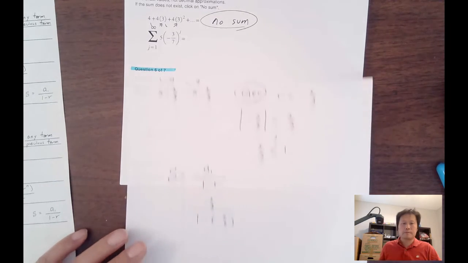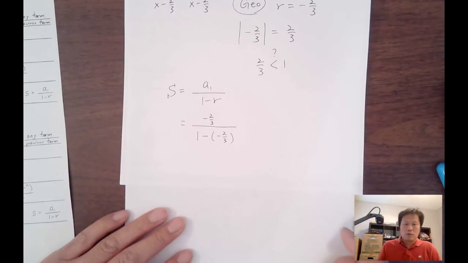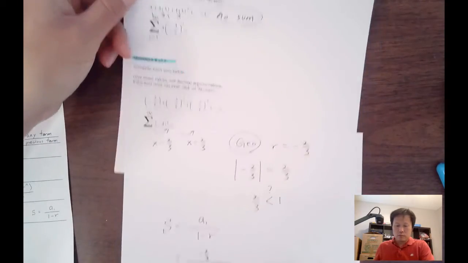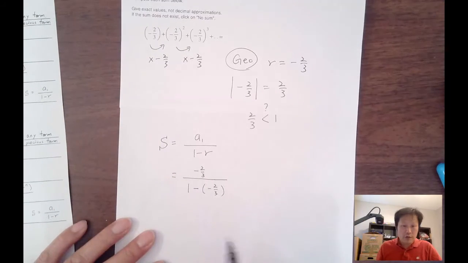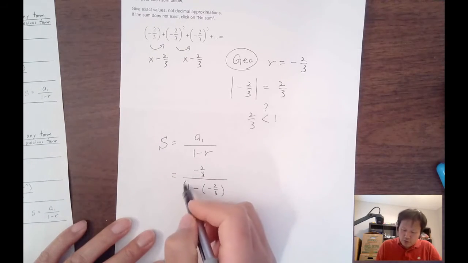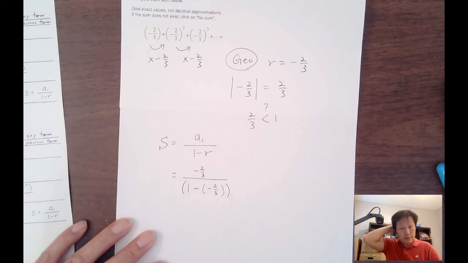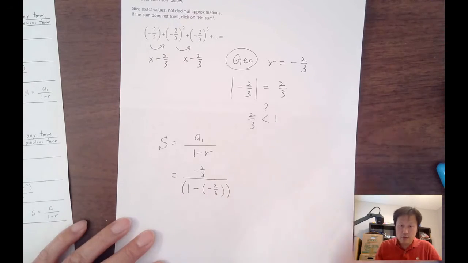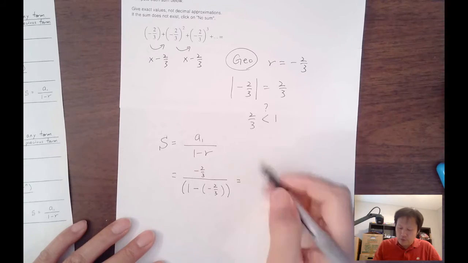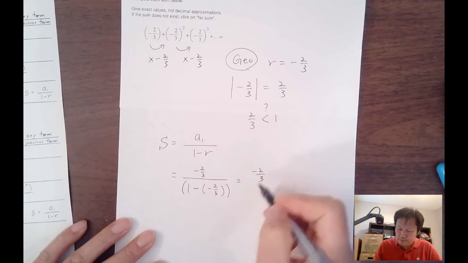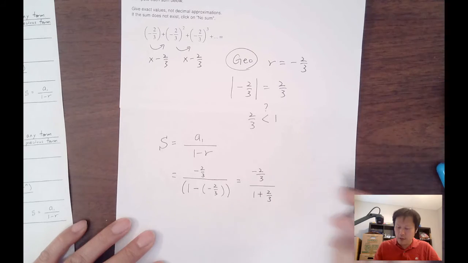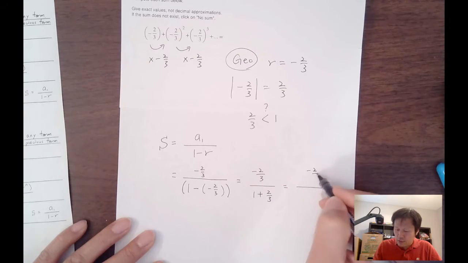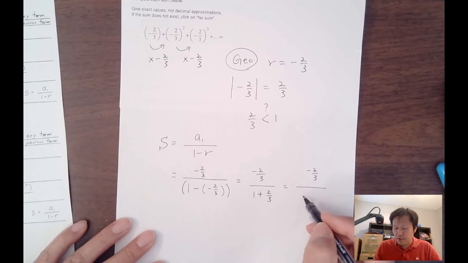So, if you have a calculator available, make sure you put another parenthesis, put that into the calculator, and you're done. If you don't have a calculator, you have to do it by hand. Double minus becomes a positive. Minus 2/3. 1 you want to express as a fraction with the same denominator. 1 is 3 over 3.